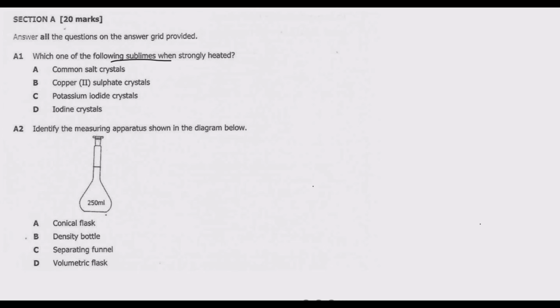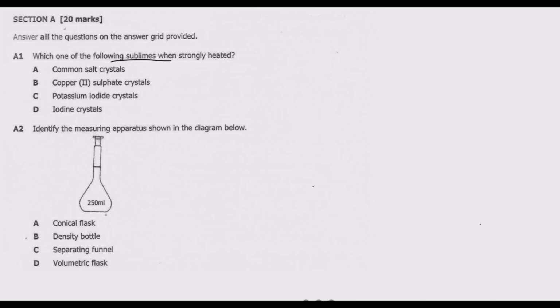Sublime comes from the word sublimation, which is the direct change of state of a substance from solid to gas on heating, or from gas to solid on cooling. So it skips the liquid state, moving directly from gas to solid, or solid to gas.